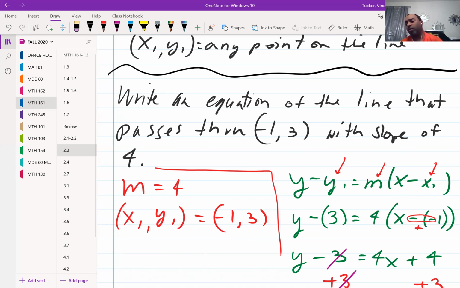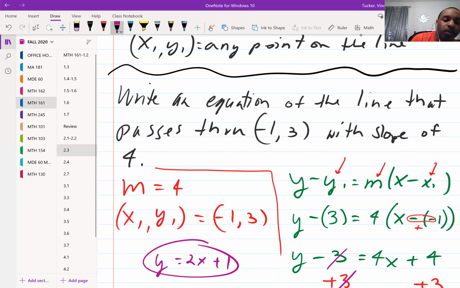So we want to plug into our equation the values for m, x1, and y1. Don't forget a regular equation has x and y in it. So we look at y equal to 2x plus 1. So it has x and y in it. So we're not trying to get rid of or substitute in for x and y. We're talking about x1, m, and y1. And so that's why I have these red arrows right here, just signifying those are the values that we're going to plug in for.